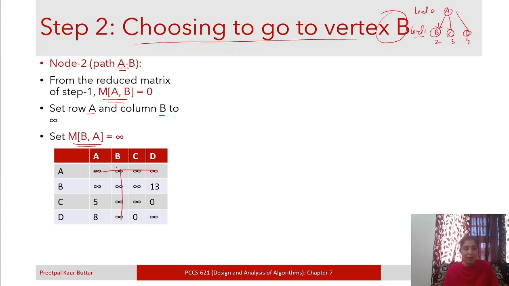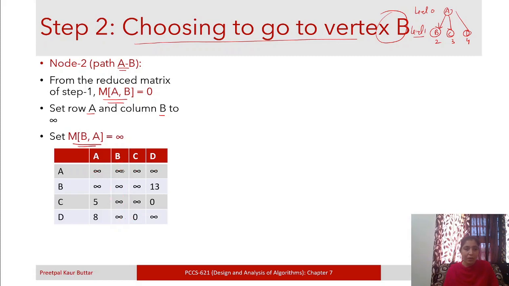So it means we are not able to go from A to any other node. Similarly, it means that we have the cost of going from A to B as infinity, and then B to B as infinity, C to B as infinity and D to B as infinity.